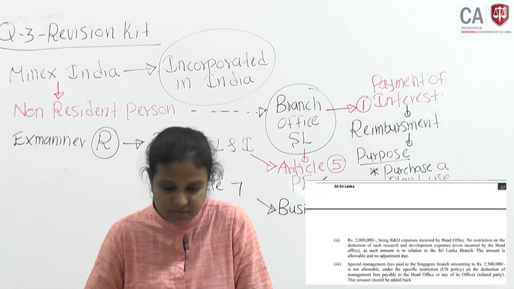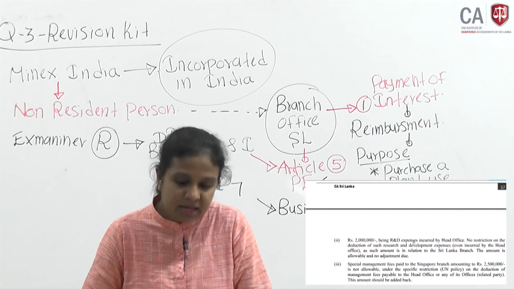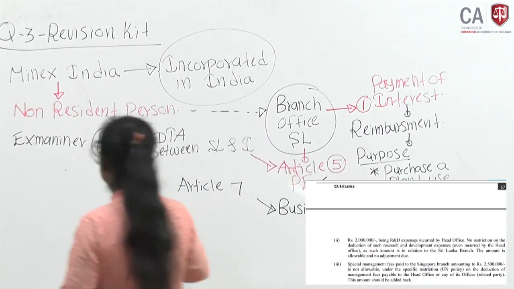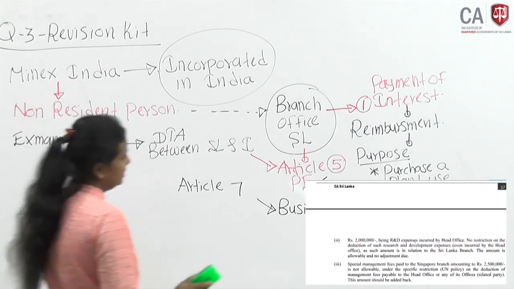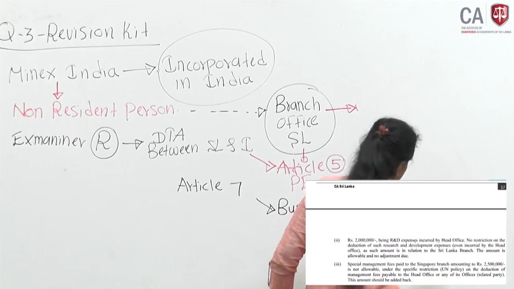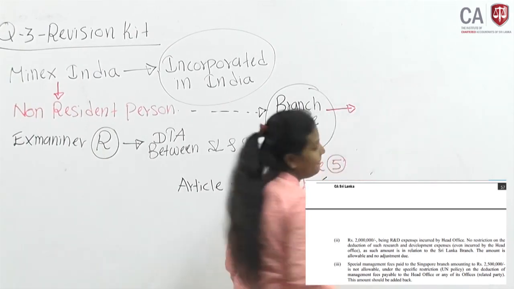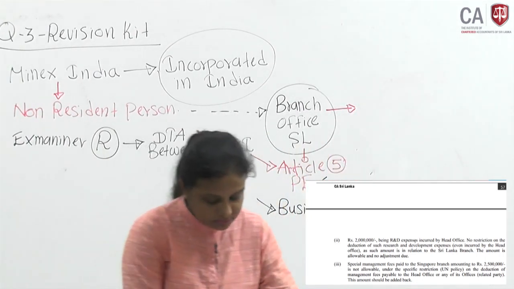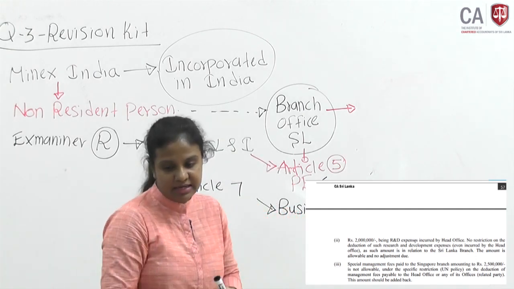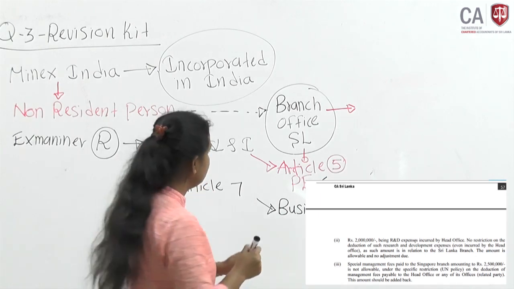Rupees 2 million being R&D expenses incurred by head office. Now this is the second scenario. I will take the same space and we will analyze the transaction first. Here, rupees 2 million being R&D expenditure incurred by head office.